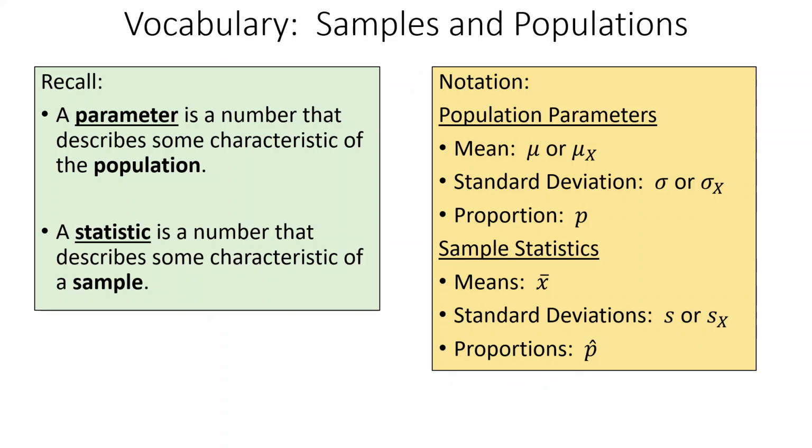That's our sampling distribution. All right, so recall, a parameter is some sort of characteristic of a population. P goes with P, population parameter, and a statistic is some sort of number or characteristic that goes with the sample. Remember, we had S with S, sample statistic. So for population parameters, we use mu, a Greek letter, or mu sub x, where x is our variable.